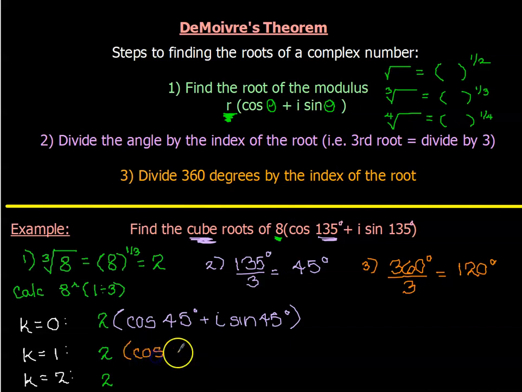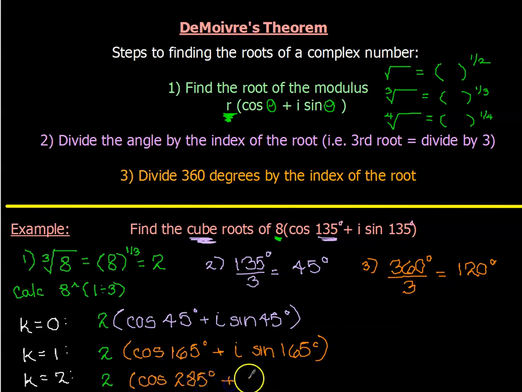From here, 45 plus 120 would give me 165 plus i sine of 165. Again, the root of the modulus stays the same, and then cosine of 165 plus 120 would give me 285 plus i sine of 285 degrees.